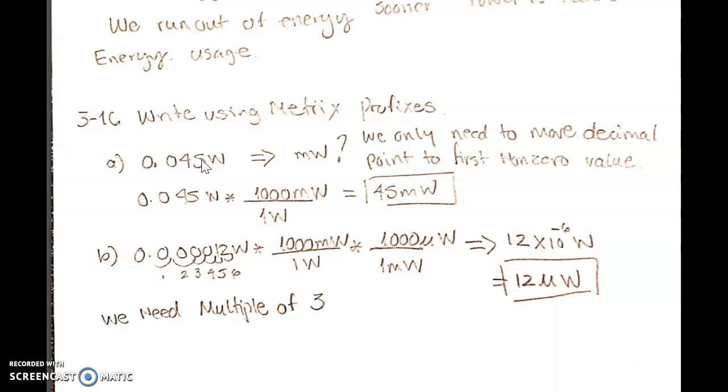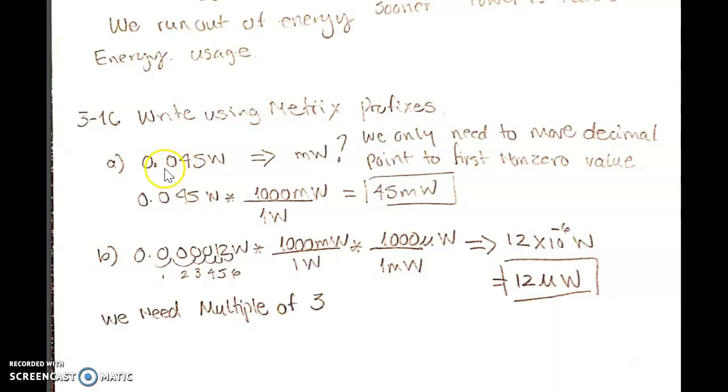In problem 3.16, we are going to express the following power using appropriate metric prefixes. So we are going to go from 0.045 watts into milliwatts. Why milliwatt?